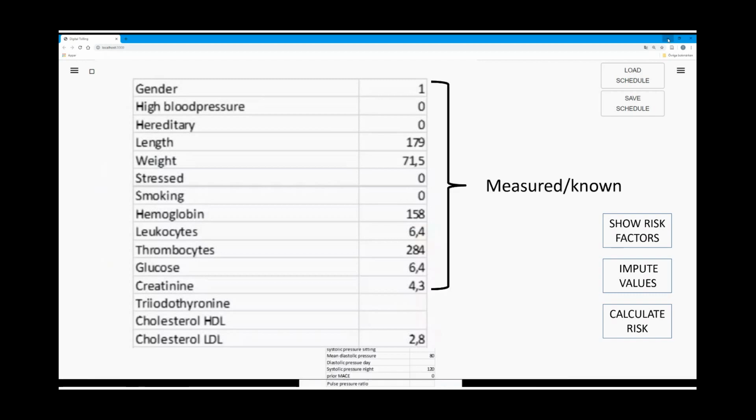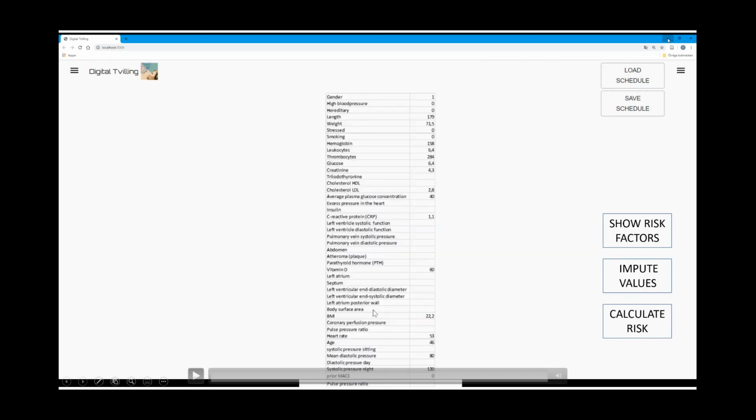So these are things that we know, but we don't know some other things. So we don't know HDL cholesterol levels, and therefore we can impute them. So this imputation capability allows us to find predicted values. So you saw that now we have values for all of these different biomarkers or risk factors.